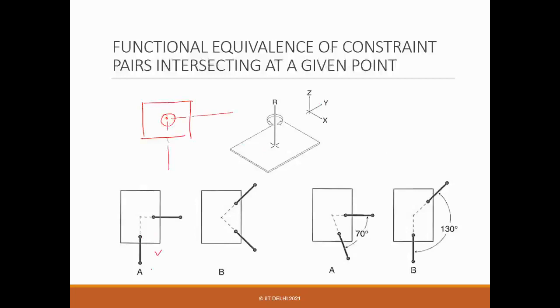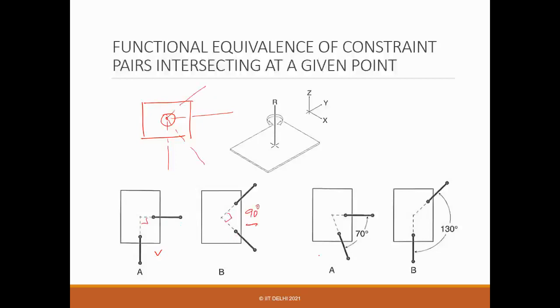But who says that it has to be like this? It can be this also, right? What is important is a pair of intersecting lines. So it can be like this. Now the question is, who is saying they have to be orthogonal?